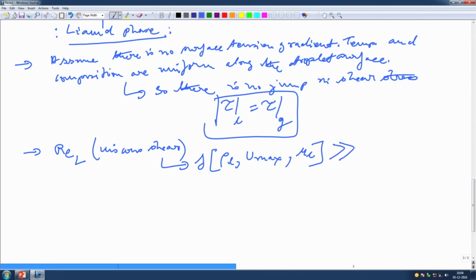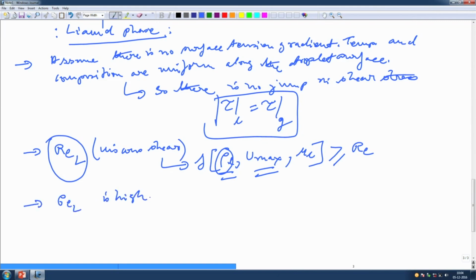This should be greater than or equal to the Reynolds number of the gas phase. We already established this: your rho L is about 1000 times higher, though your U max is one order lower. So, the Reynolds number introduced into the liquid phase is not a low quantity. And the third thing that we said is the Peclet number is high.